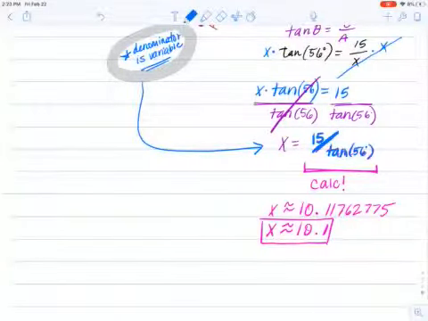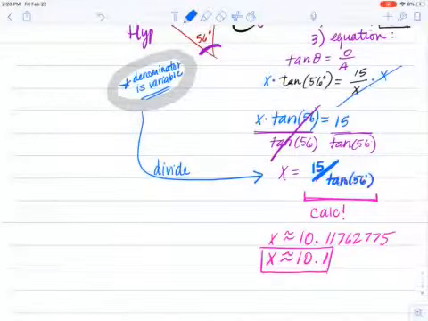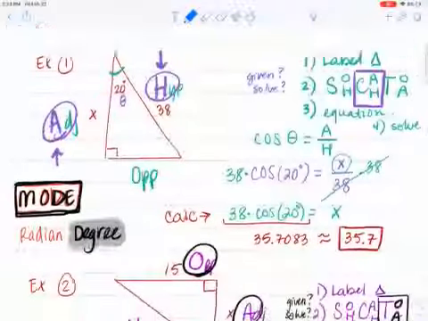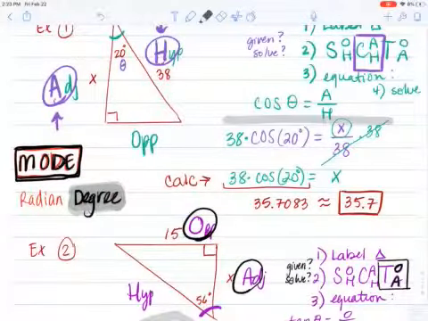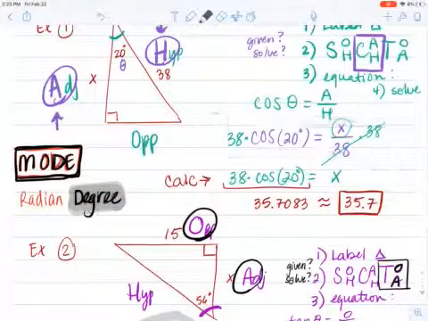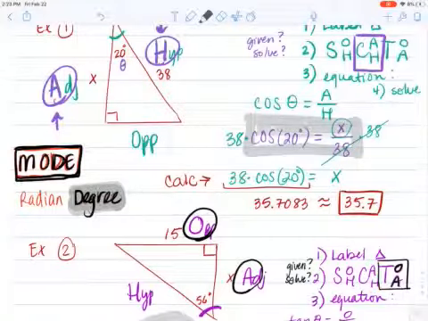So when the denominator has a variable, you're going to end up dividing. 15 divided by tangent of 56. However, for the previous example, if you notice, here's my equation that I set up. Cosine of 20 equals x over 38.